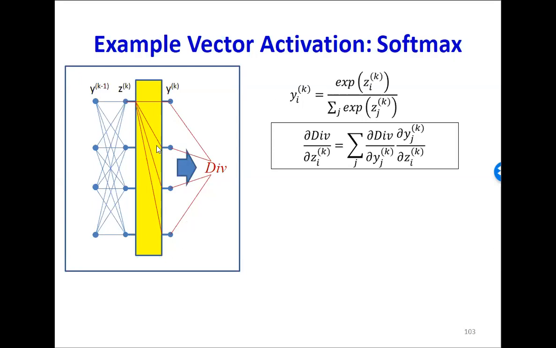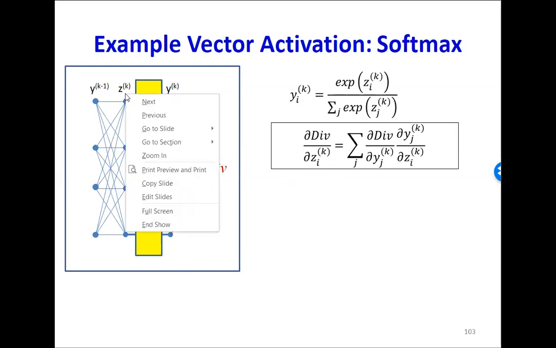So you can see that each Z influences every Y. And all of these Y's in turn eventually influence the divergence. So if I want to compute the derivative of the divergence with respect to the Z, I have to sum over all of these Y's the derivative of the divergence with respect to these Y's times the derivative of Y with respect to Z.